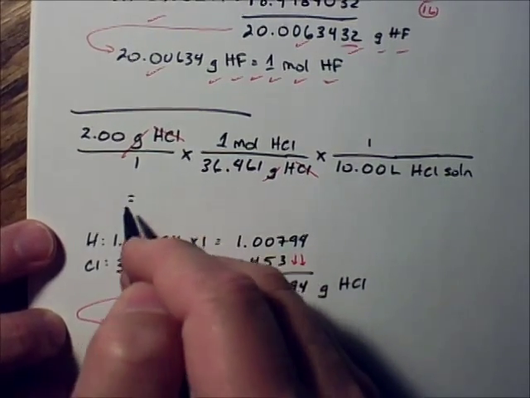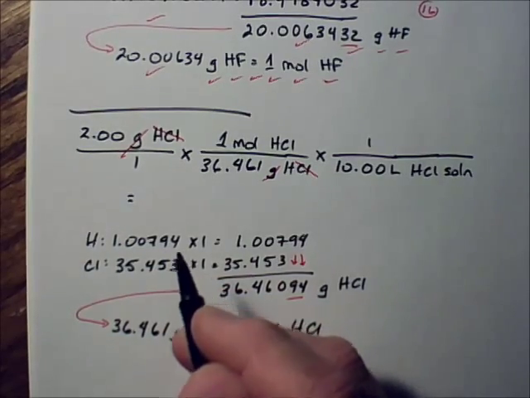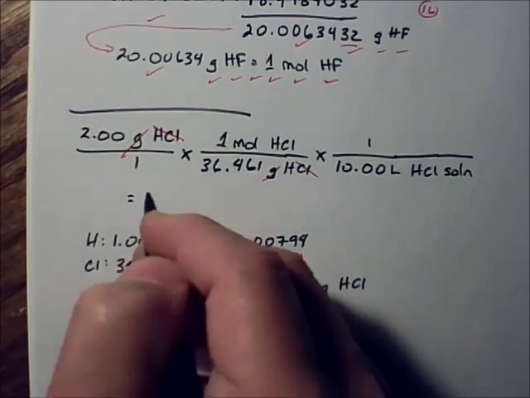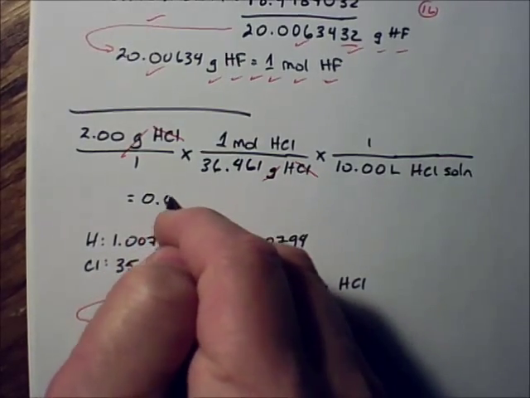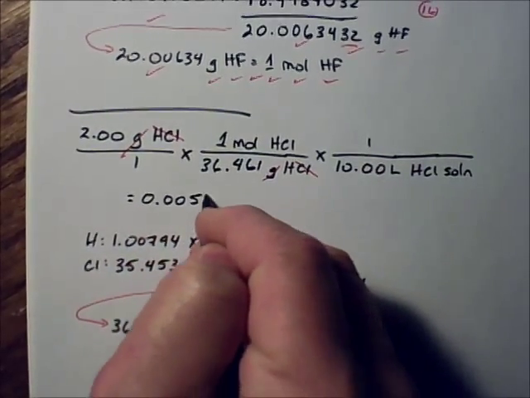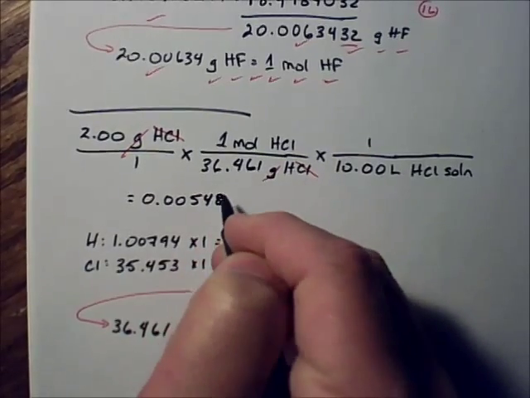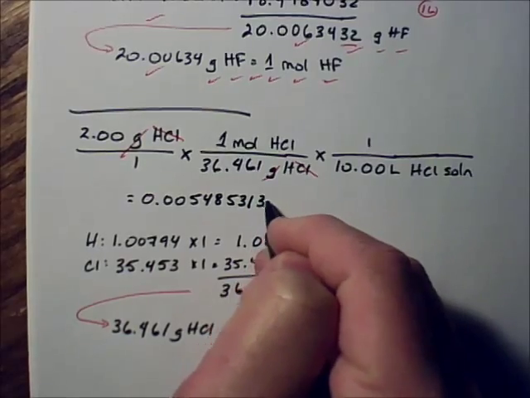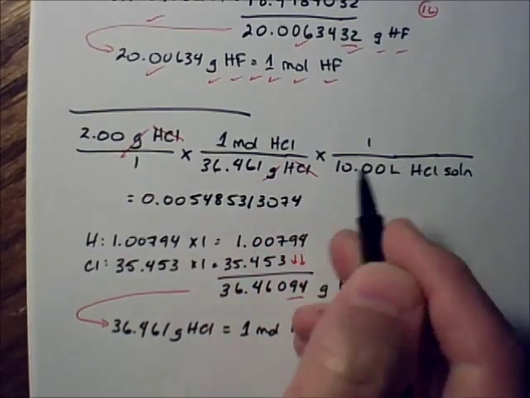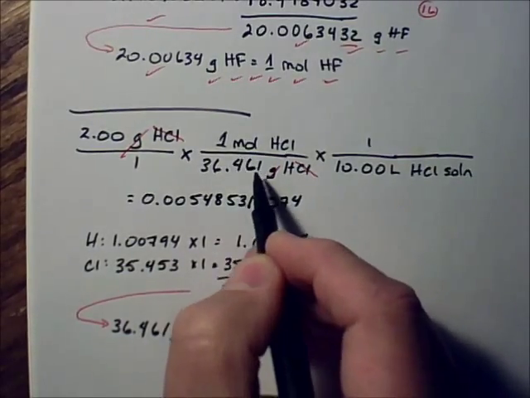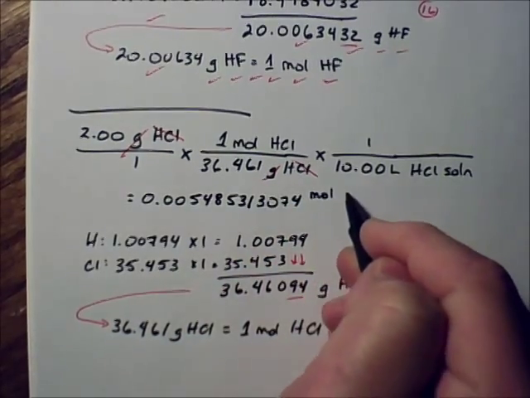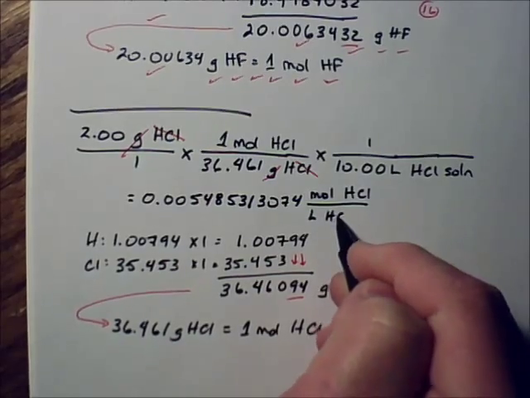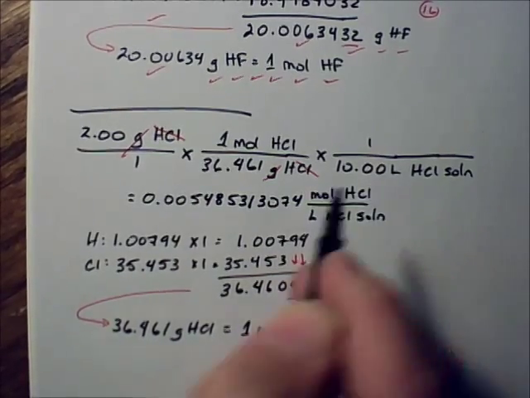Okay, and so from this then we can calculate the molarity of the solution. That's the first step in finding the pH. Units we have left after canceling are moles of HCl over liters of HCl solution.